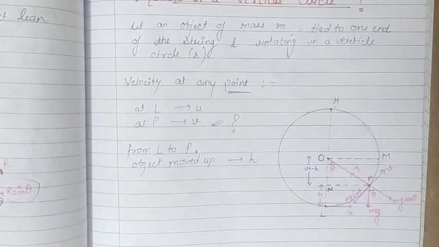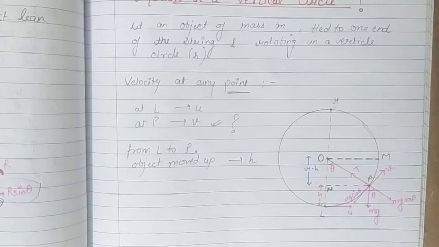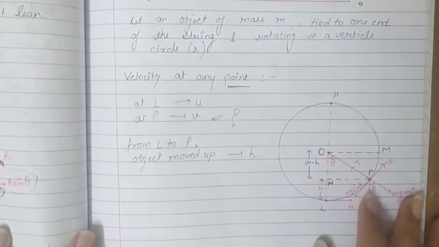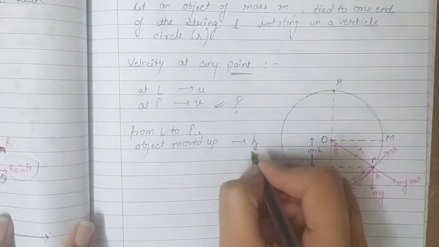Now by applying the law of conservation of energy, we can say that during the motion at every point the total energy of the object remains the same. That is the law of conservation of energy. So at point P, h is the vertical height.